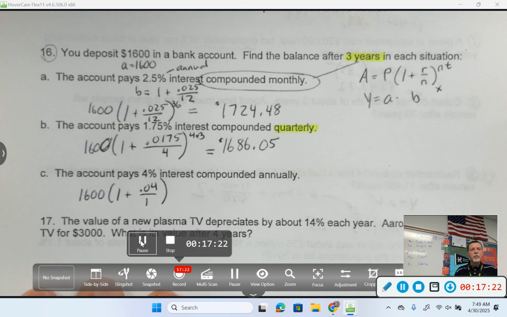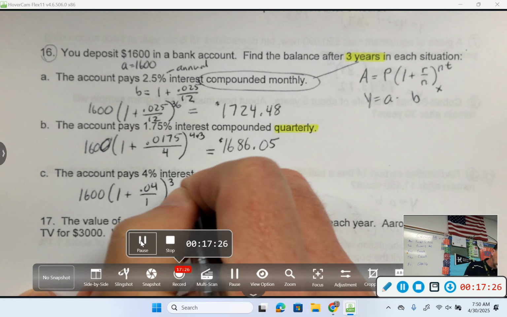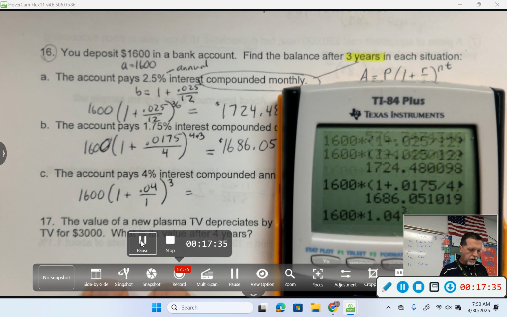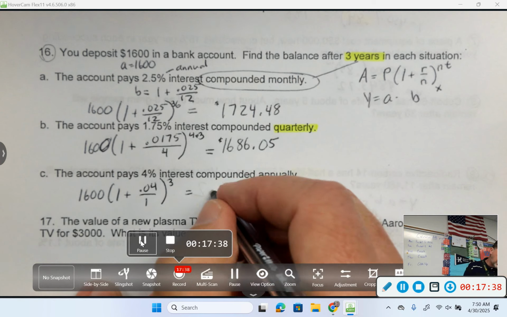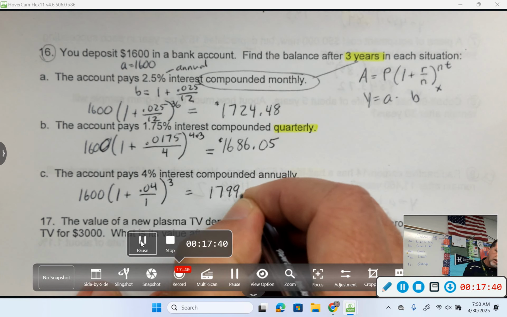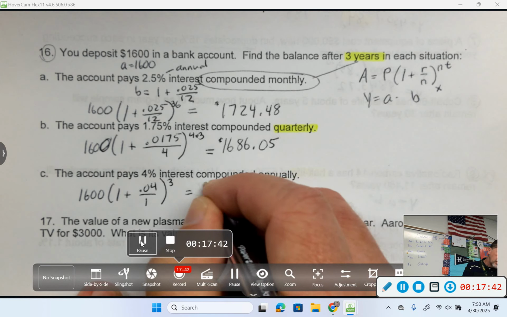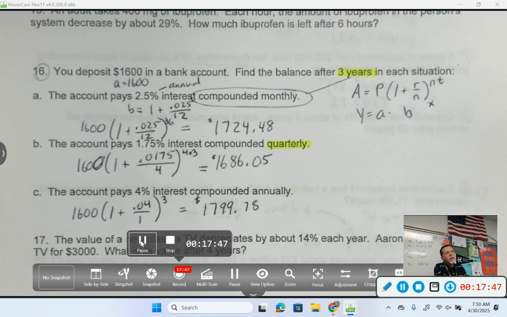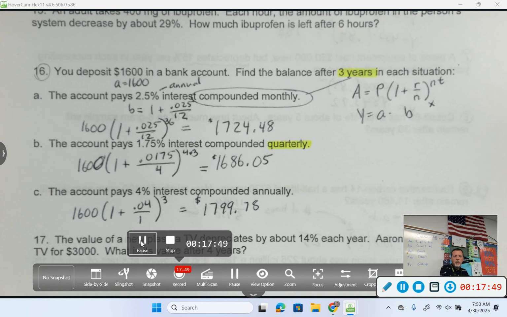So how many times are we hitting the compound button? 3. 1600 times 1.04 to the third. 1799.78. So yeah, you'd rather be compounded more often than not, but the interest rate is more important than how often it's compounded.